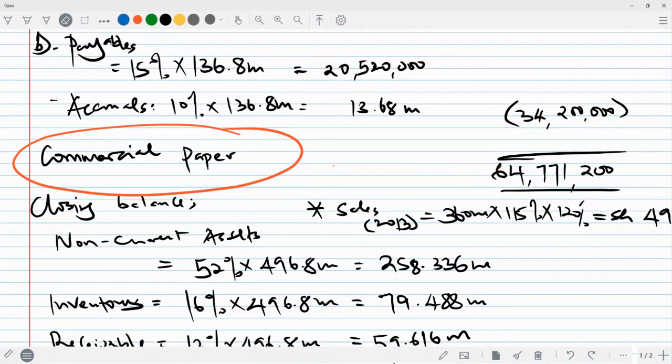Yes, because you're told that any external financing is going to be raised through commercial paper. Commercial paper, don't forget, as we mentioned earlier, is one of the money market instruments used to finance the company for short-term needs. Clear? Yes. Okay, great.